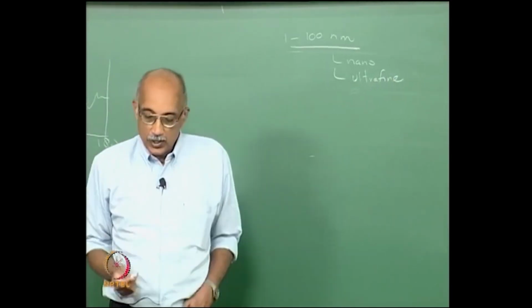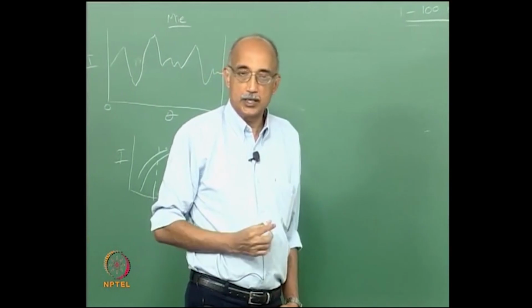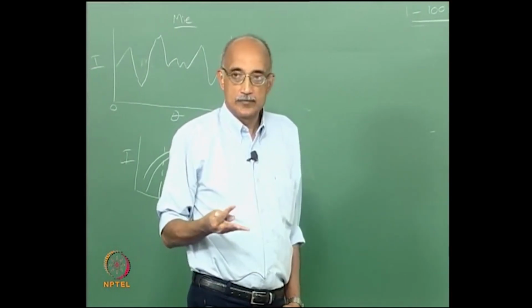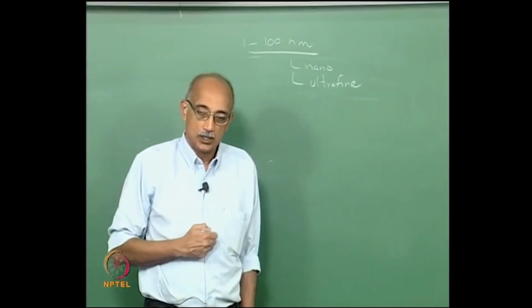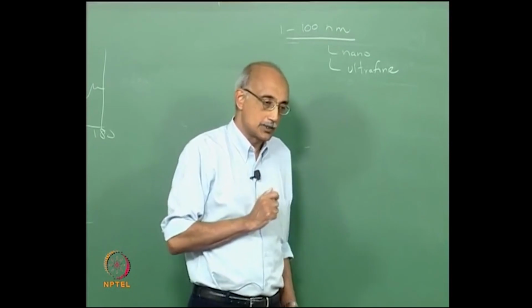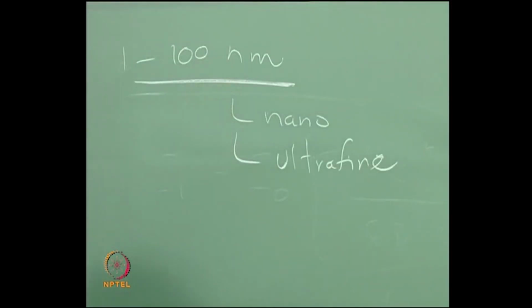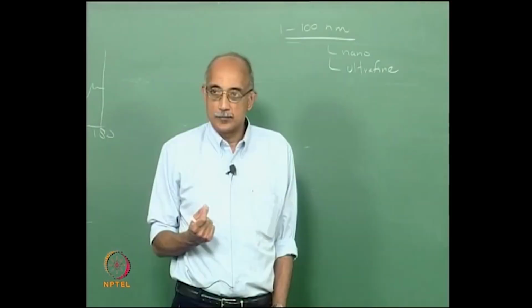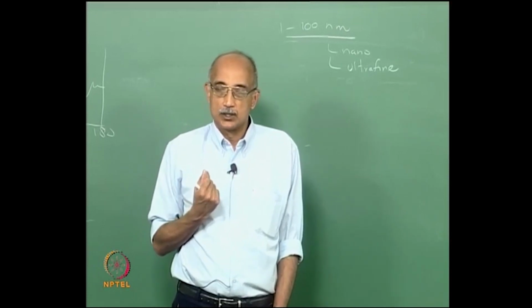Again, the challenge with these particles is the fact that the scattered light intensity drops off very rapidly, so you don't get a strong enough signal, and the noise in the measurement sometimes dominates over the signal, right? So how do we deal with these particles? Well, the first thing to think about is, how do these particles happen? What causes the generation of particles in this very, very fine size range?